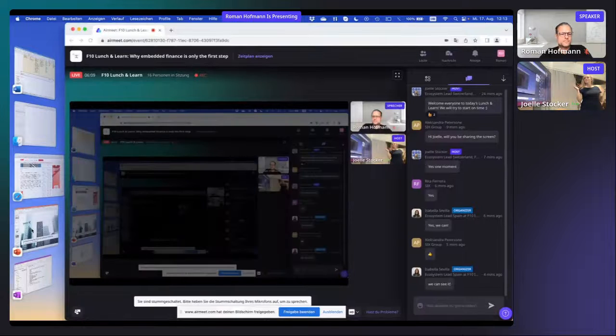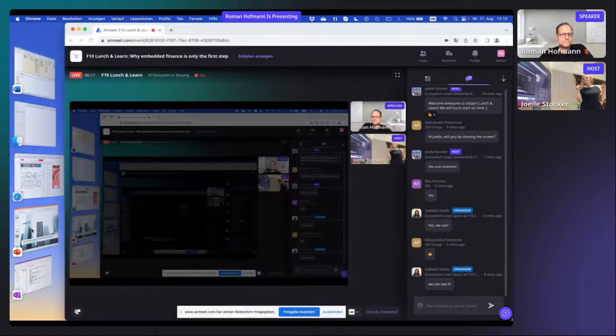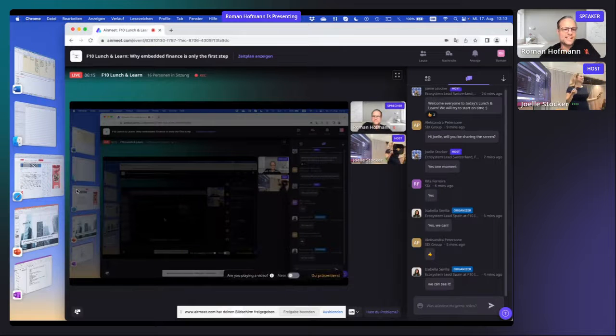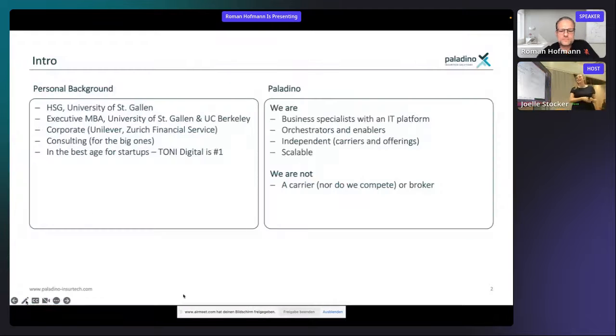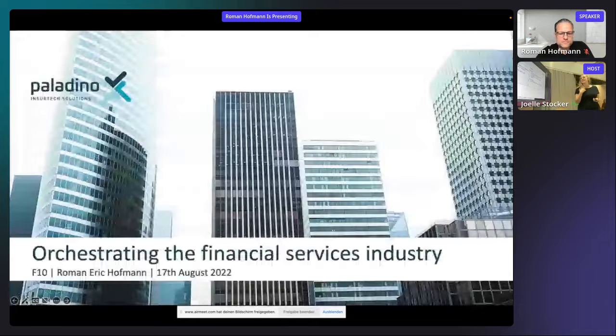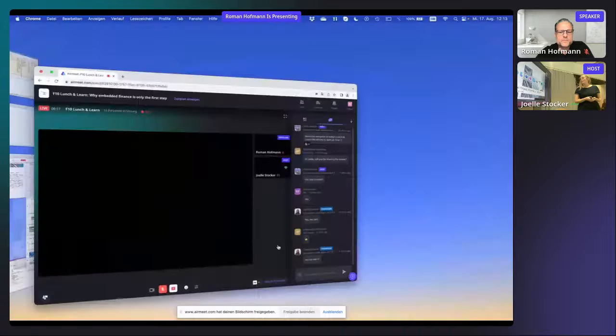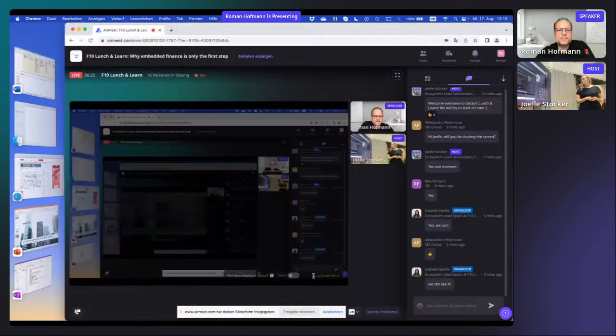Let's see if this works. So exciting. I love how we've been with COVID for over 2 years and we still have not figured it out. How does it actually work? I run into this all the time. Okay, perfect. We can see it. Not anymore.